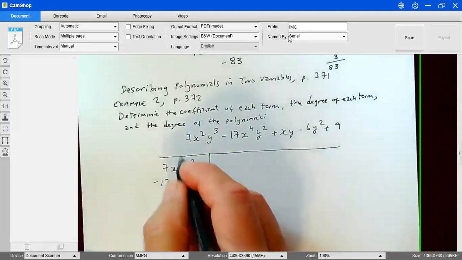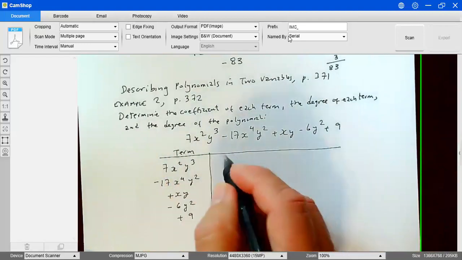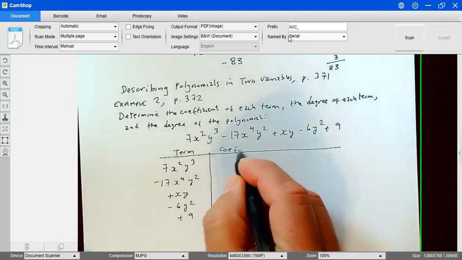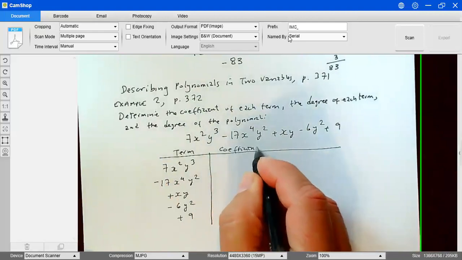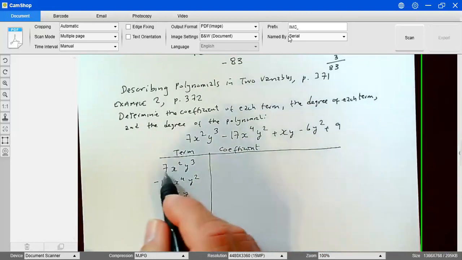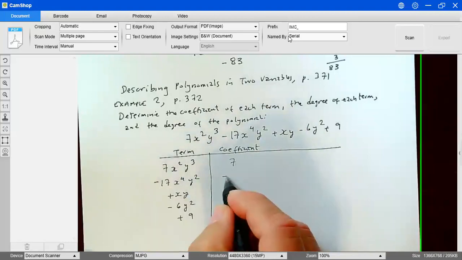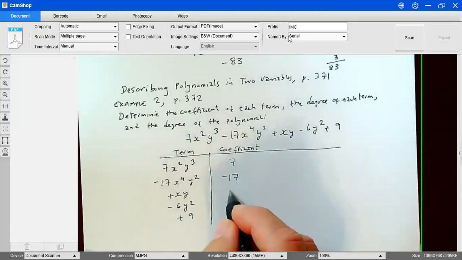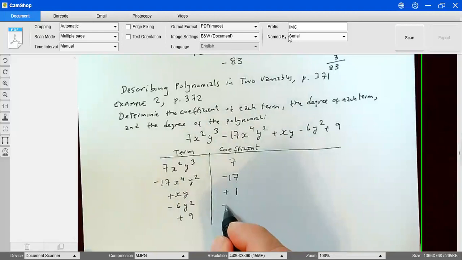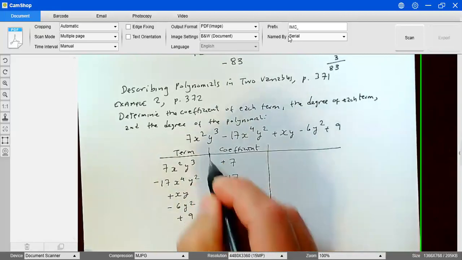And then these are the terms. So I'm going to write now the coefficients of each term. So the coefficient is, in this case, just 7, then negative 17, then positive 1, negative 6, and positive 9. So these are the coefficients.